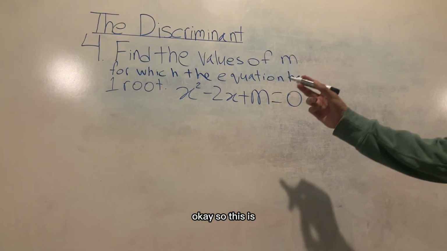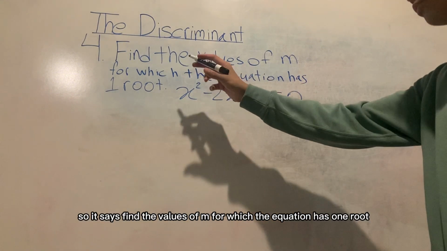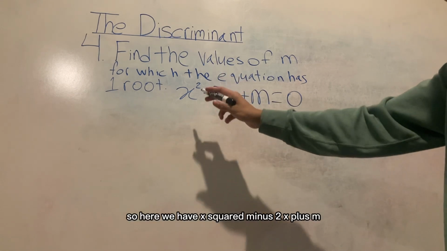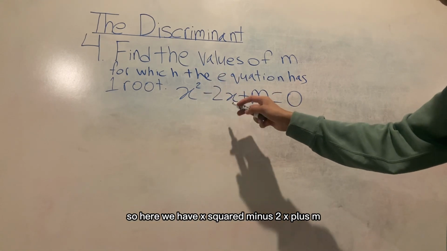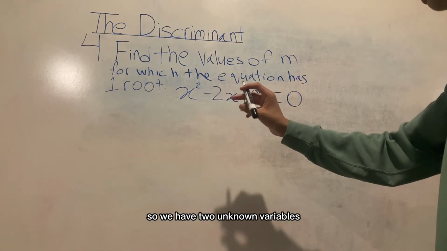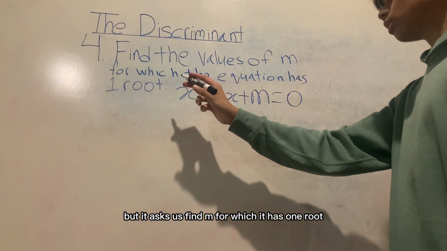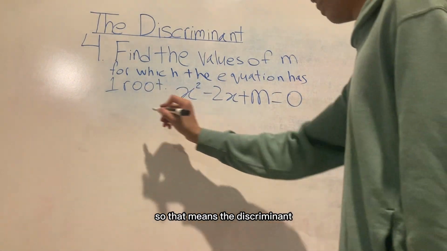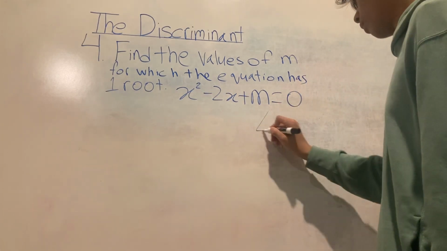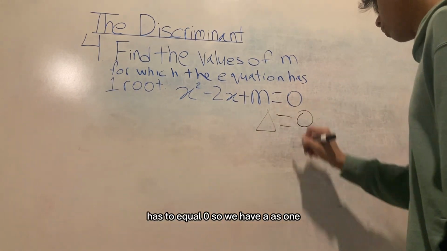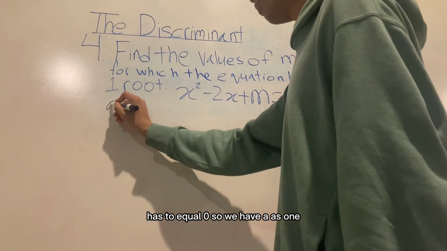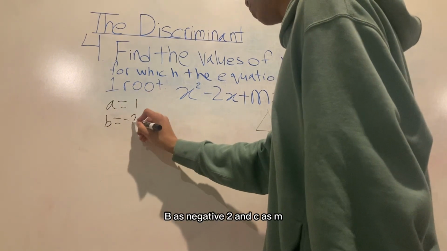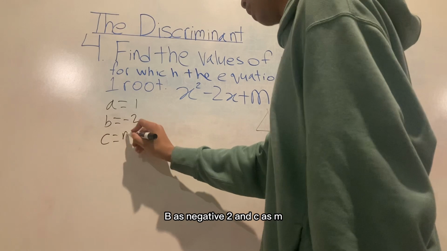Okay, so this problem's a little different. It says find the values of m for which the equation has one root. Here we have x squared minus 2x plus m, so we have two unknown variables, but it asks us to find m for which it has one root. That means the discriminant has to equal 0. So we have a as 1, b as -2, and c as m.